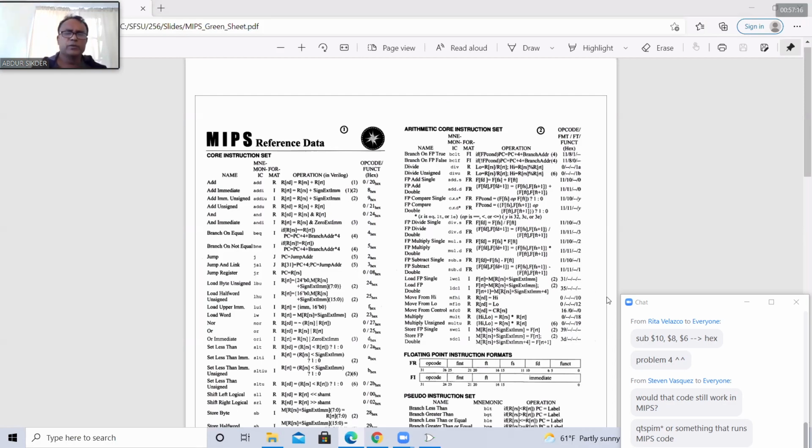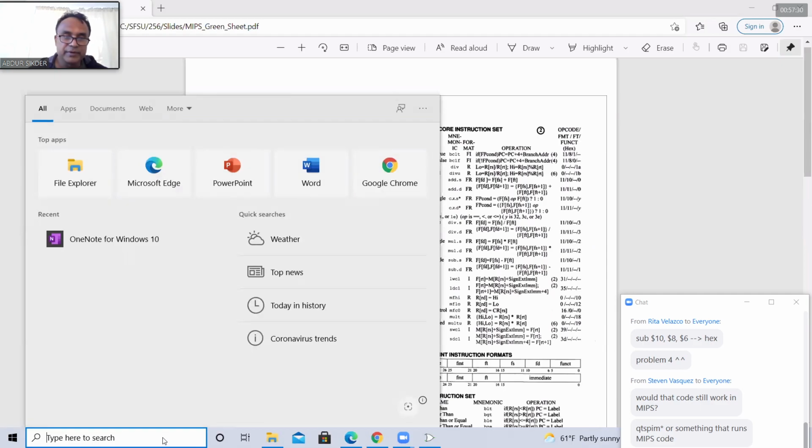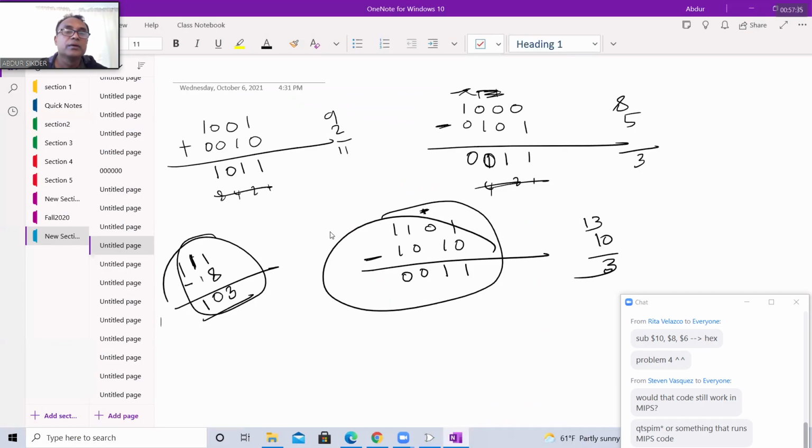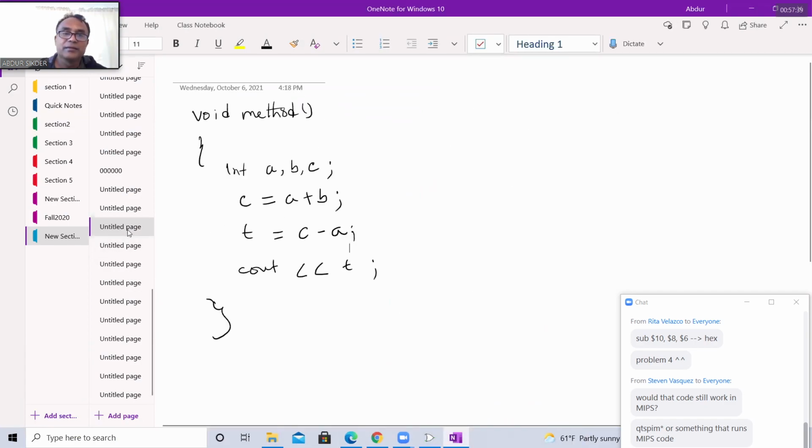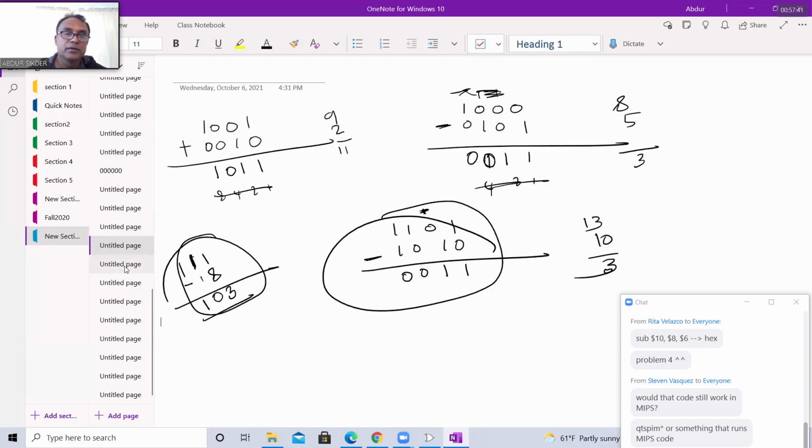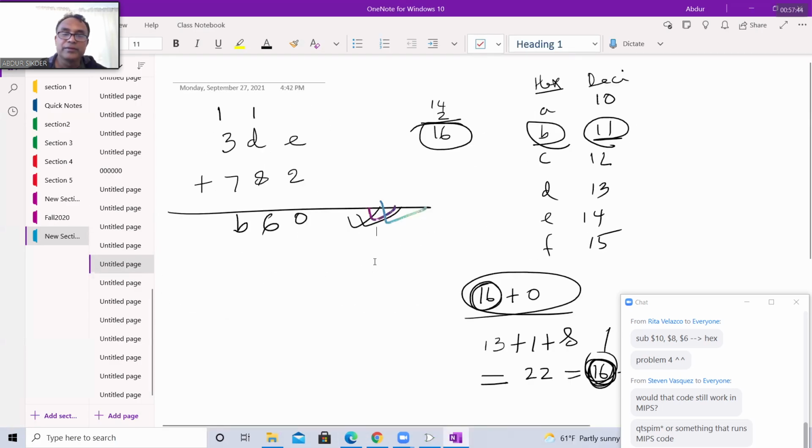Now the tricky part is probably addition with hexadecimal numbers. A lot of people get confused. Let me see if I can find my OneNote, because I didn't bring that. Yeah, it's the hexadecimal number. We practiced this in the example as well.